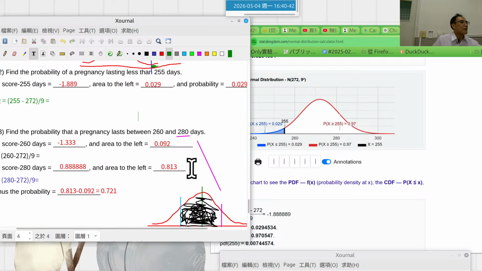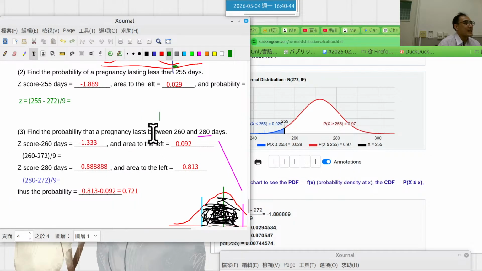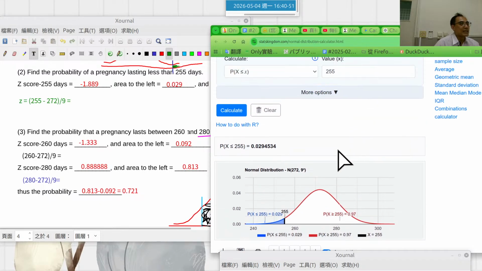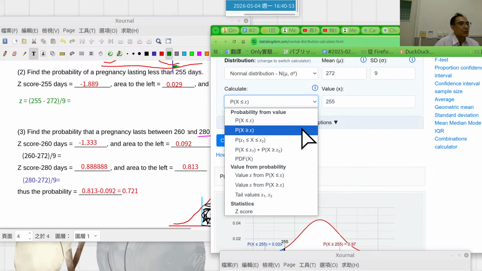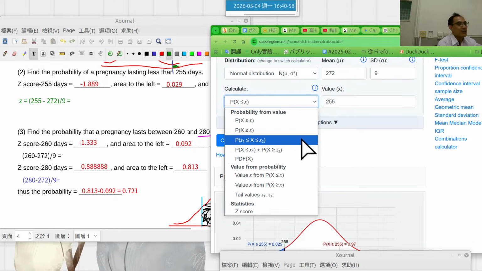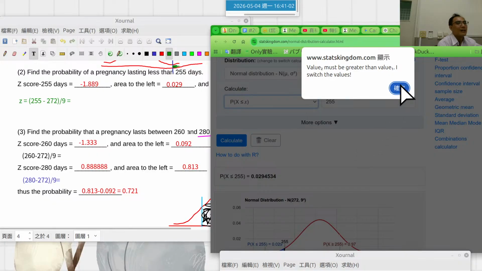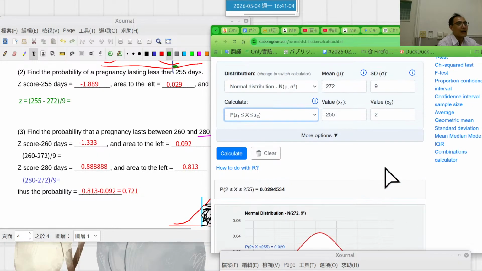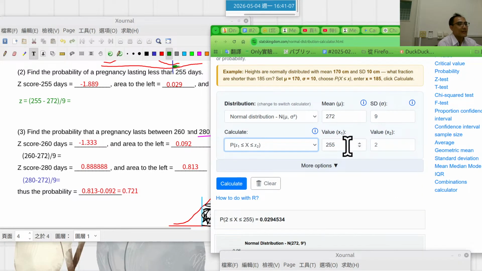Next question. Find the probability that pregnancy lasts between 260 days and 280 days, and move to our software. Between two values here, between x1 and x2. So x1, who is x1, who is x2?